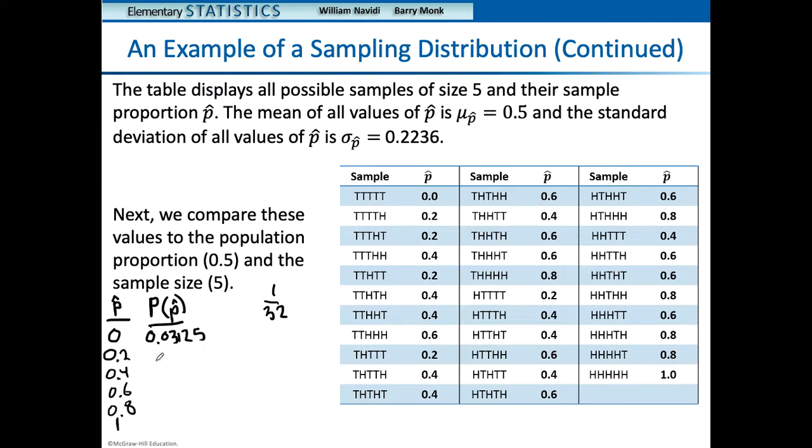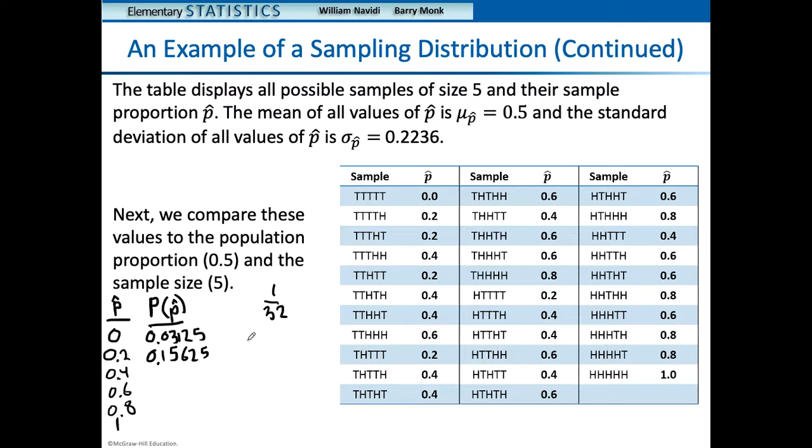0.2, we would count the number of 0.2s. I see 1, 2, 3, 4, 5. I see 5 0.2s, right? So that would be 5 divided by 32, which is 0.15625. 0.4, if we count those, I got 1, 2, 3, 4, 5, 6, 7, 8, 9, 10. It's like 10 of those.